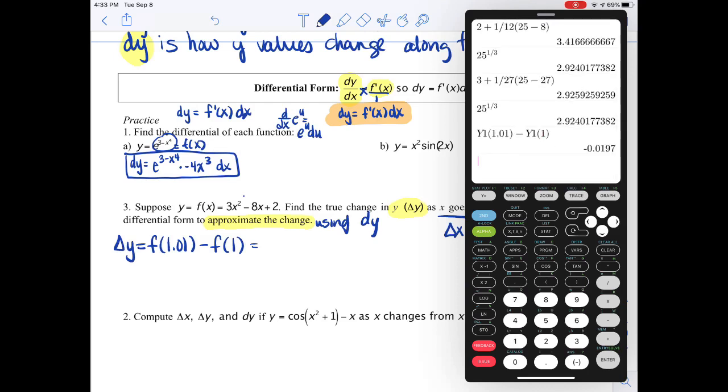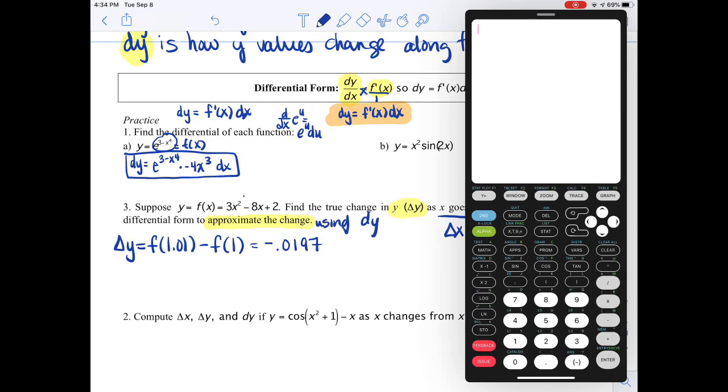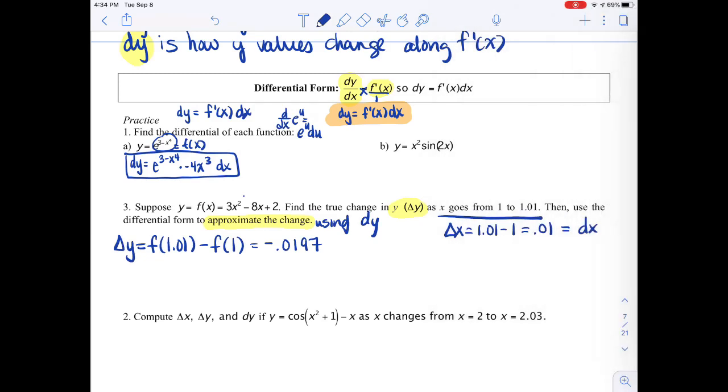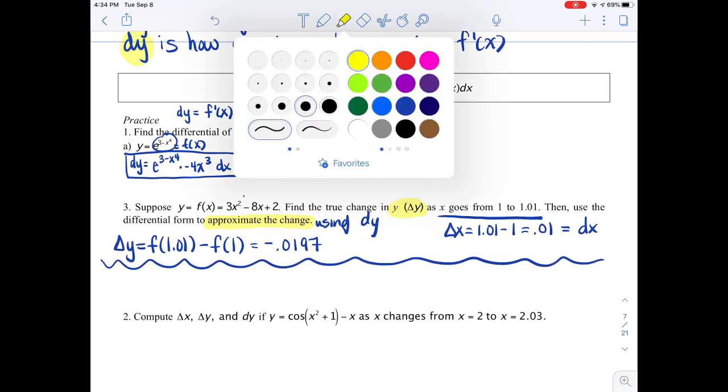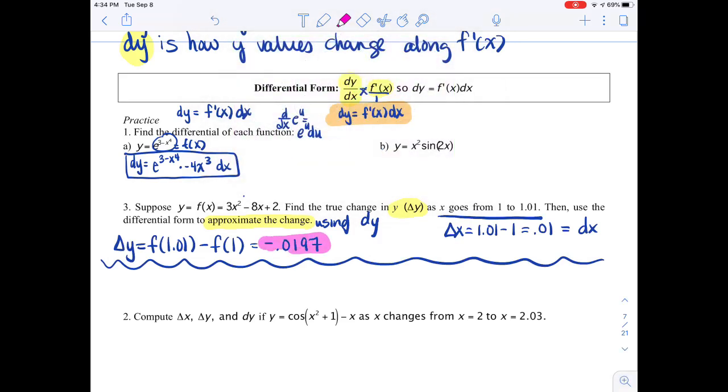The real change in my y values is negative 0.0197. That's the true change in my y values. Okay. What I would like to do now is show the approximation of that change using this idea of differentials. So I'm going to come back and compare this to negative 0.0197. So put that number out of your head for just a second.